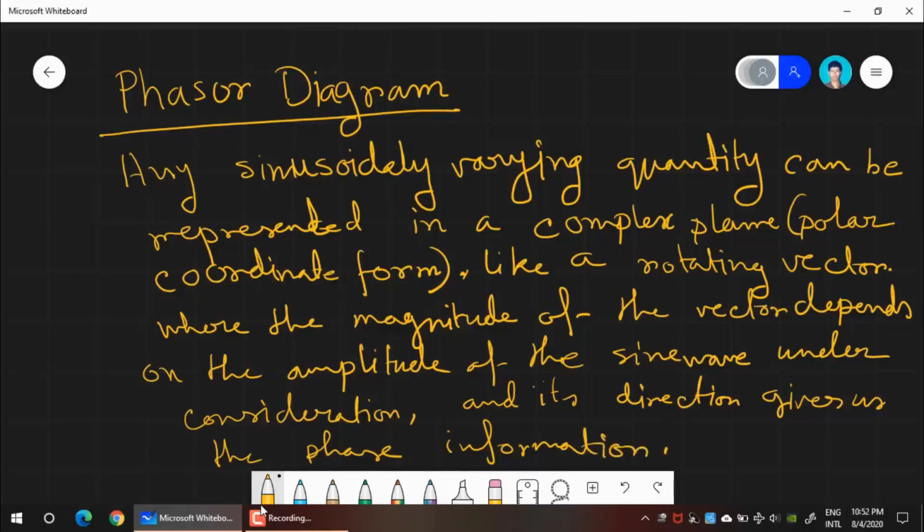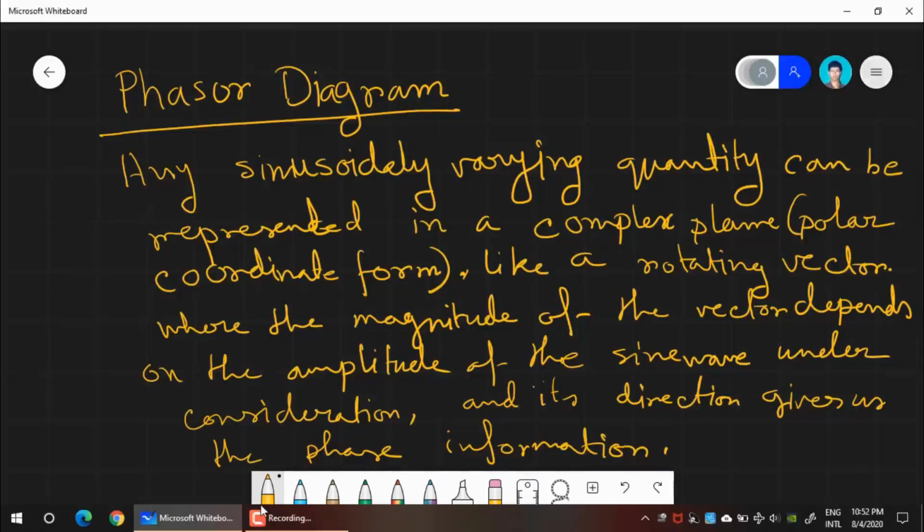So what I am trying to say, any sinusoidally varying quantity can be represented in a complex plane, polar coordinate form, like a rotating vector, where the magnitude of the vector depends on the amplitude of the sine wave under consideration, and its direction gives us the phase information.